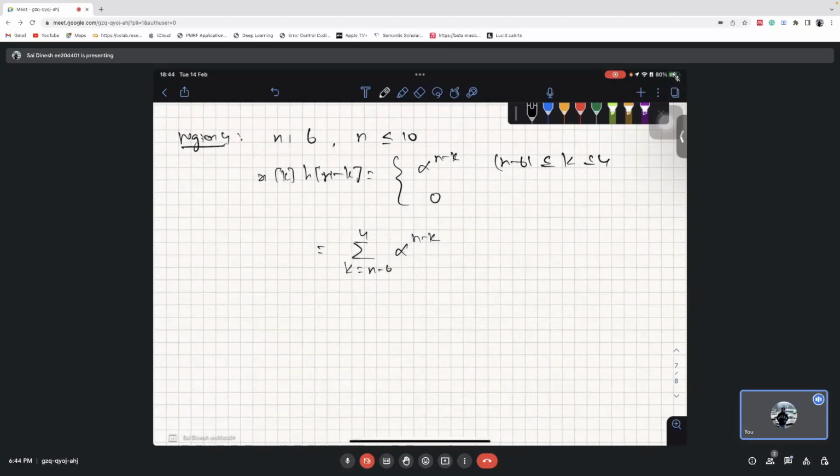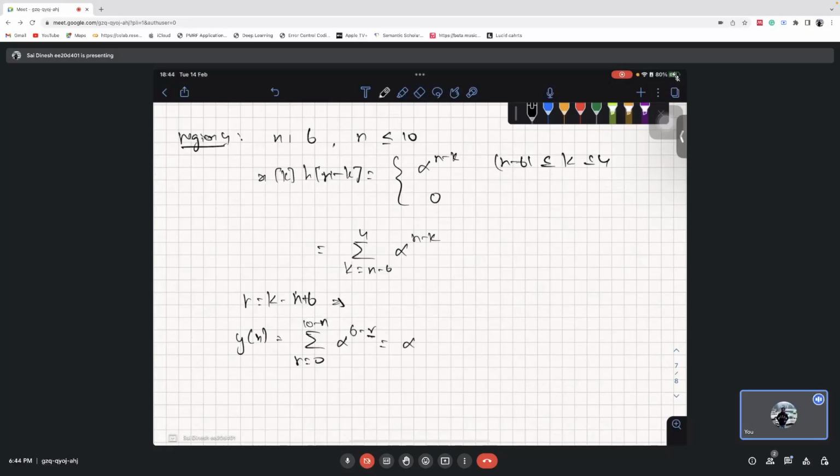So if we say r is equal to k minus n plus 6, then we have y of n is equal to the sum over r equal to 0 to 10 minus n of alpha power 6 minus r, which is equal to, again, alpha power 6.